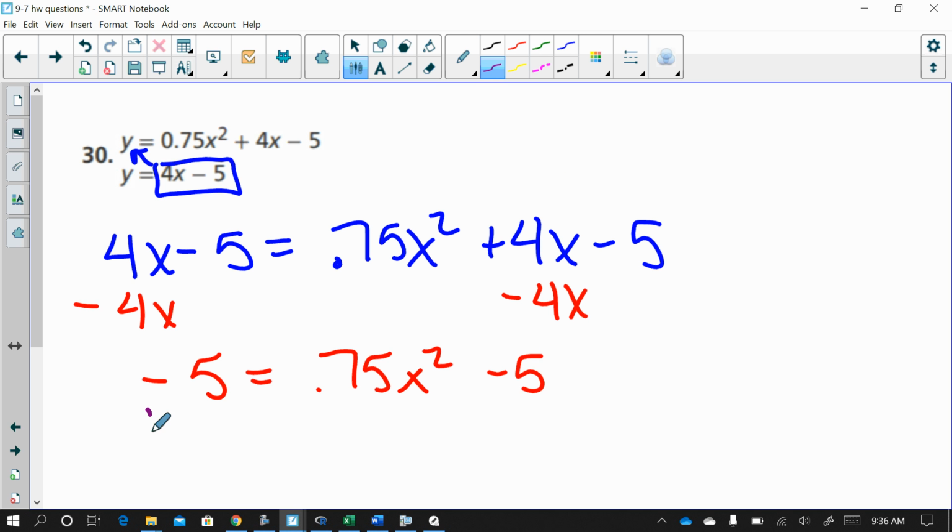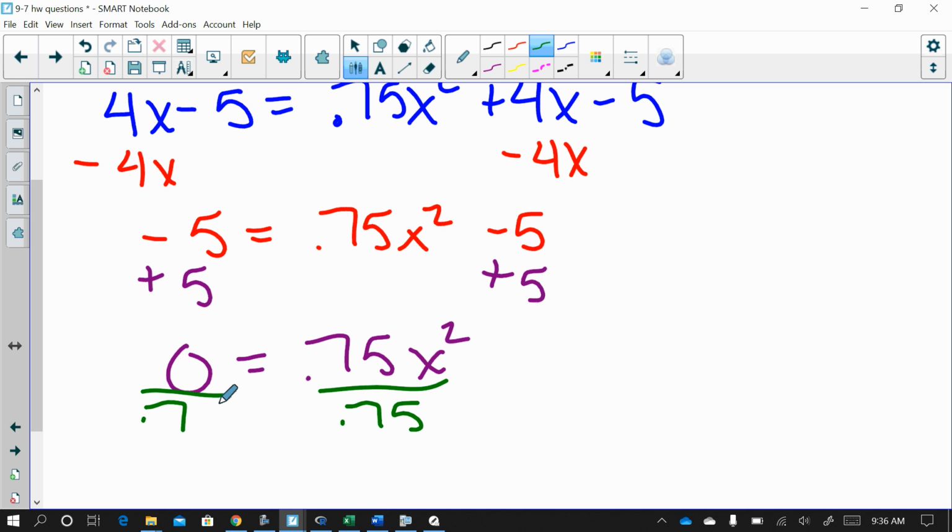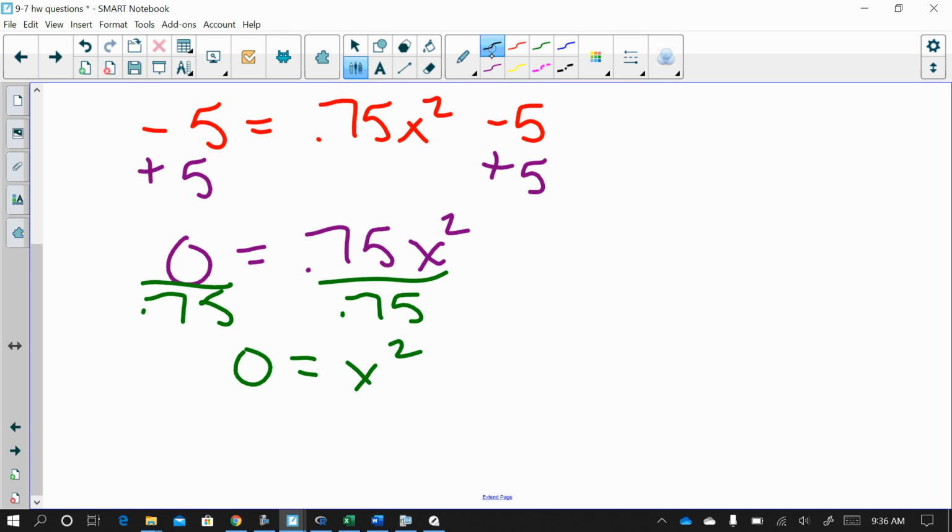Add 5 to both sides. 0 equals 0.75x squared. Let's solve. Divide by 0.75. 0 equals x squared. Square root, of course. x equals 0. Huh. It looks like I'm only going to have one solution here because I can't have a negative 0. That doesn't make any sense. So I got x equals 0.